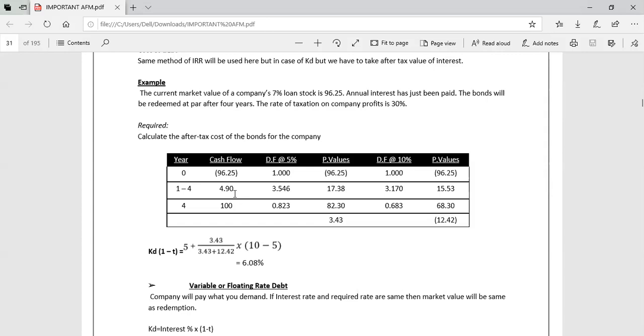But instead of calculating for every year, he has just applied the annuity factor formula. That can also be applied. Nothing to worry. There is one positive NPV, one negative NPV. Put it into the IRR formula and the net result is KD. If here we don't after-tax, the net result will be YTM.